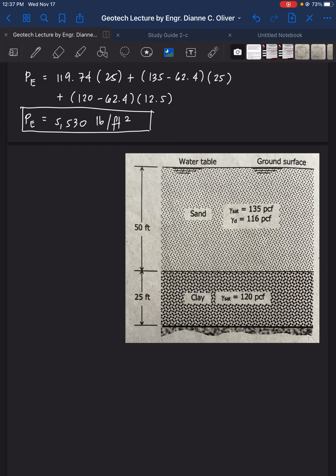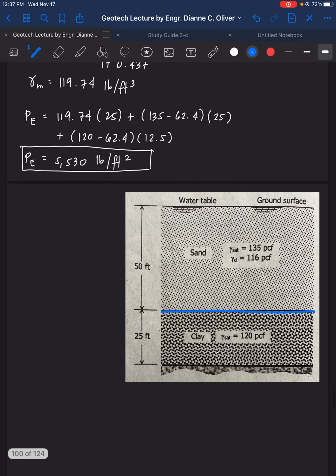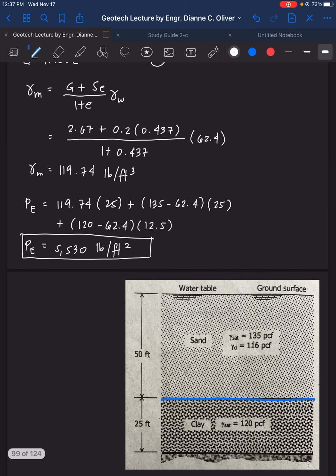Let's put here the third condition. So here is the water table. As we have solved a while ago, this is no longer gamma sat. So gamma sat for sand is gone, but it is replaced with gamma moist.